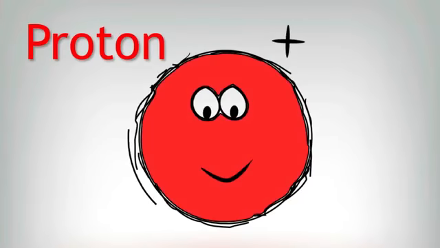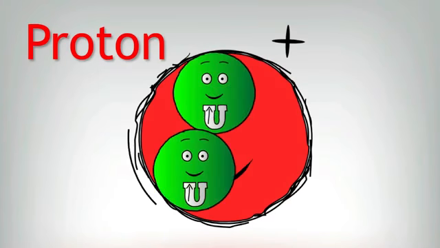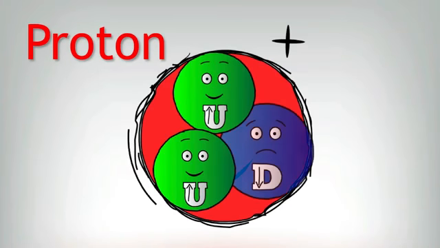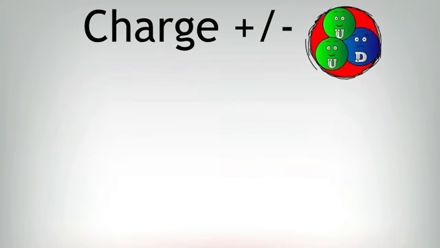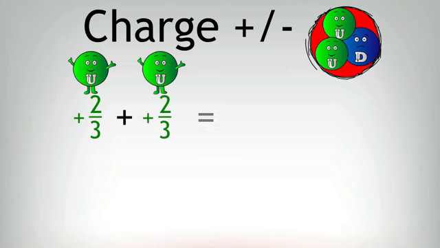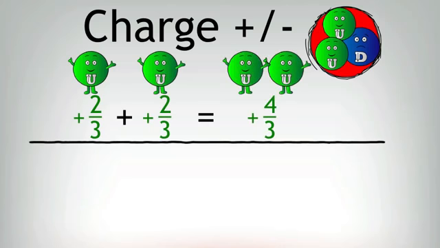The proton was found to be made of 2 up quarks and 1 down quark. Now, we know that the charge of a proton is +1. If we look at this in terms of the fractional charges given to quarks, 1 up quark would have a charge of plus 2/3, so therefore 2 up quarks would have an overall charge of plus 4/3.